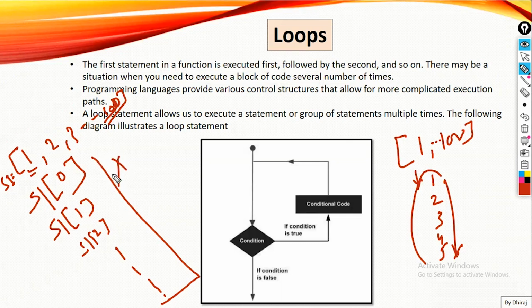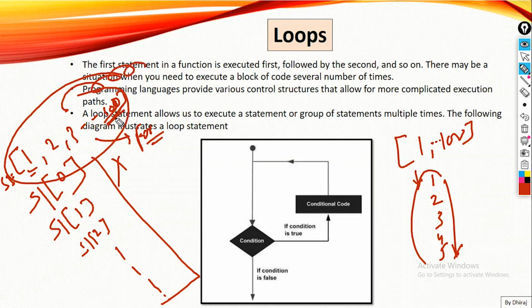For that, I can use a loop. I'll put a loop for this list, and I'll iterate the list up to the end of the numbers, which is 100.